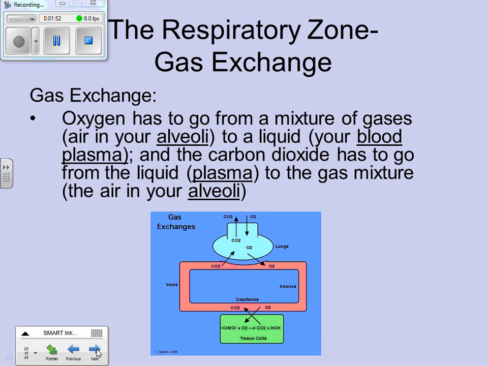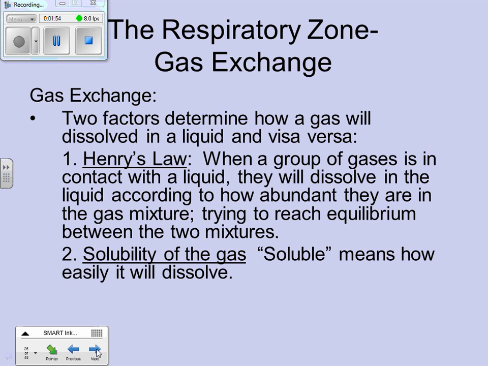In order to understand this, we have to learn about Henry's law. And Henry's law basically says that it's like diffusion. Whenever you have a gas inside of a group of gases and it comes in contact with a liquid, your gas will move into the liquid until it reaches equilibrium.